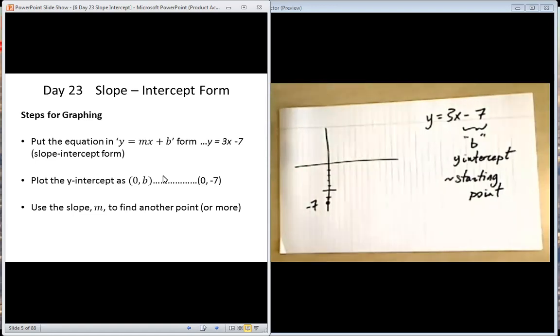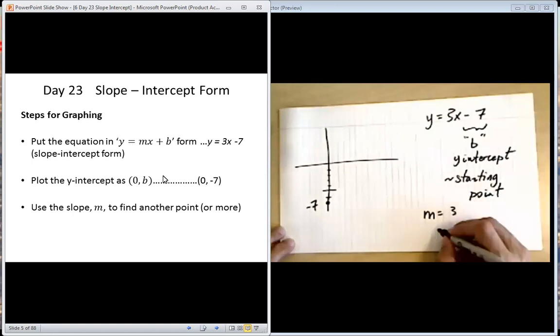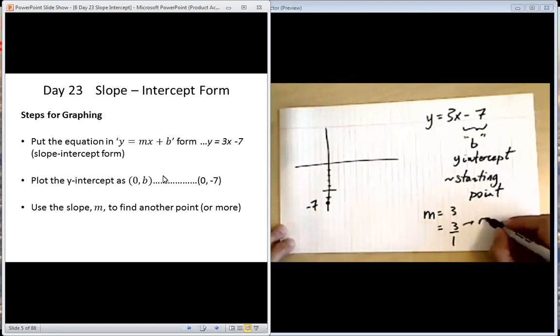All right, so the slope that we got is equal to 3, which remember is the same as 3 over 1, which means we have a rise of 3 like that and a run of 1 like that.